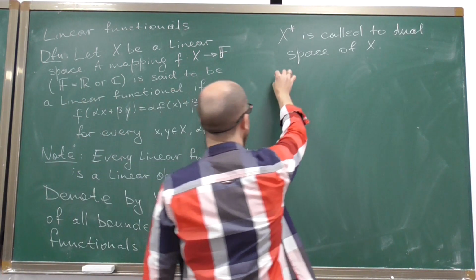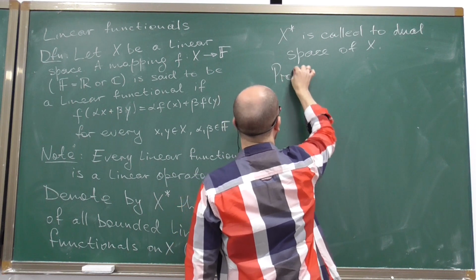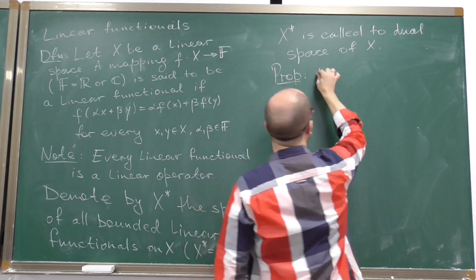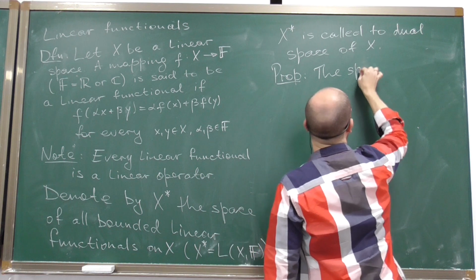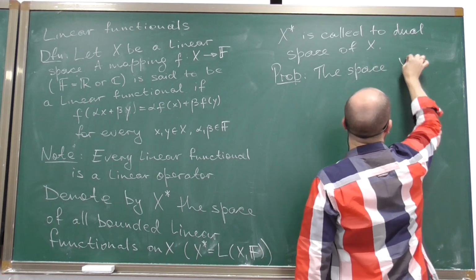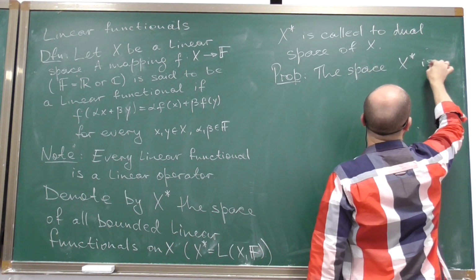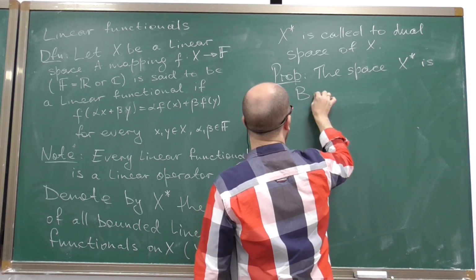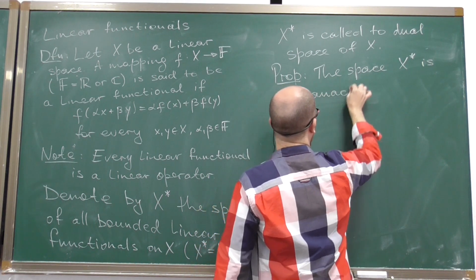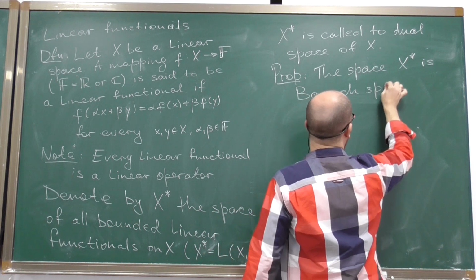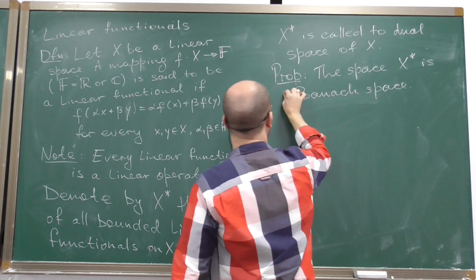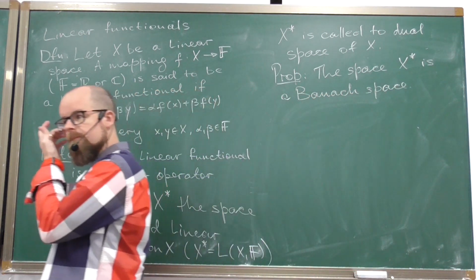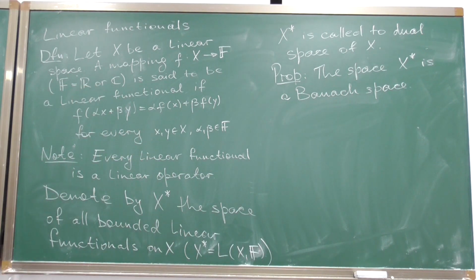And now let us state a proposition. The space X star is a Banach space. Why is it so?